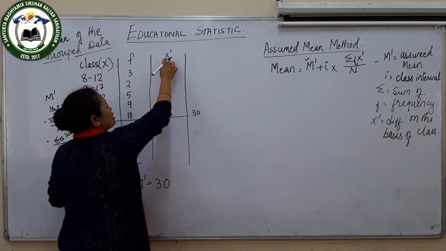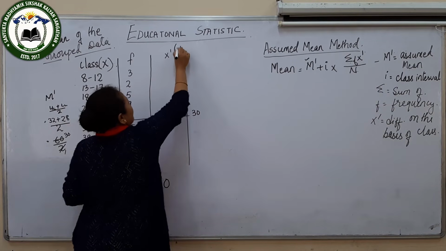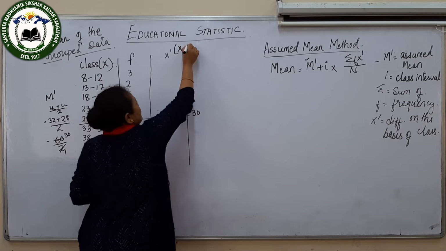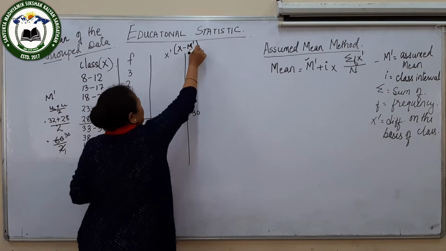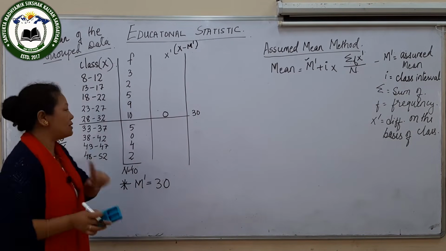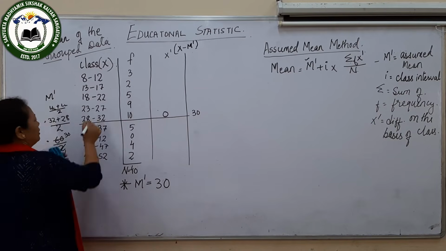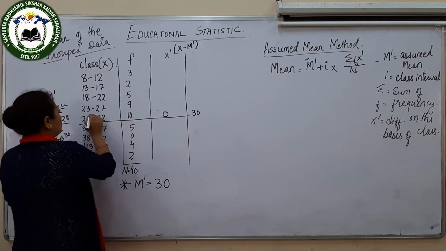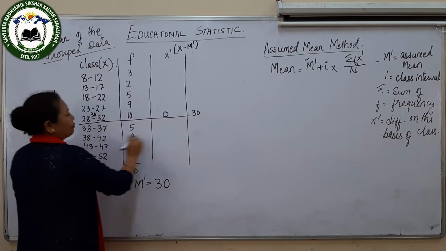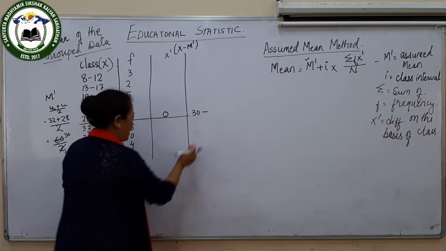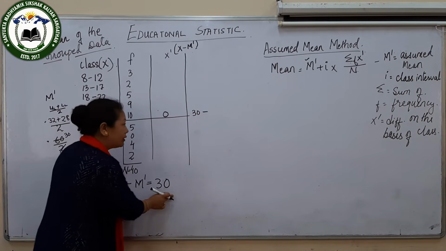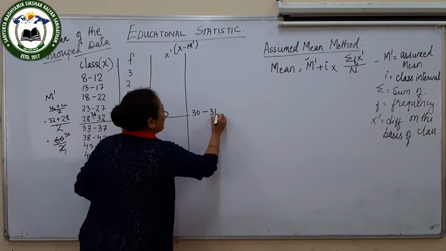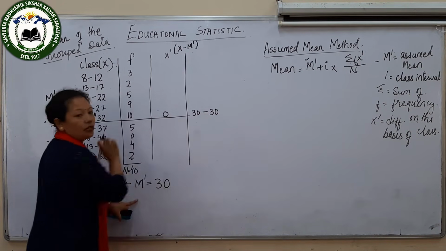Now, x dash means x minus m dash. Okay, x minus m dash. So, over here my midpoint is also 30. This 30, and my m dash is also 30. So, 30 minus 30 is 0.